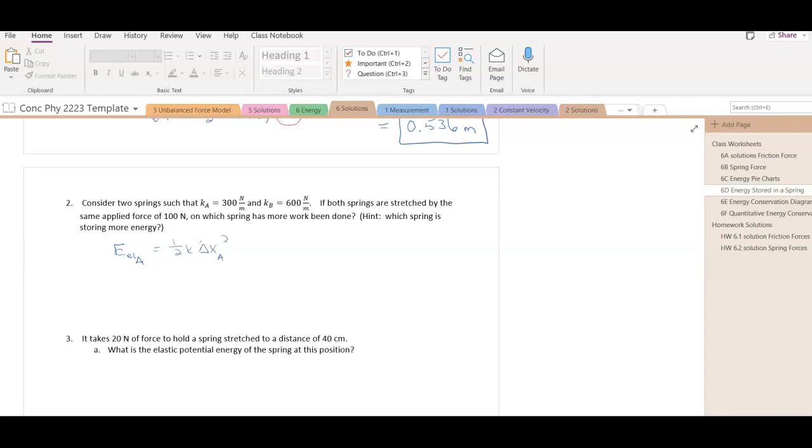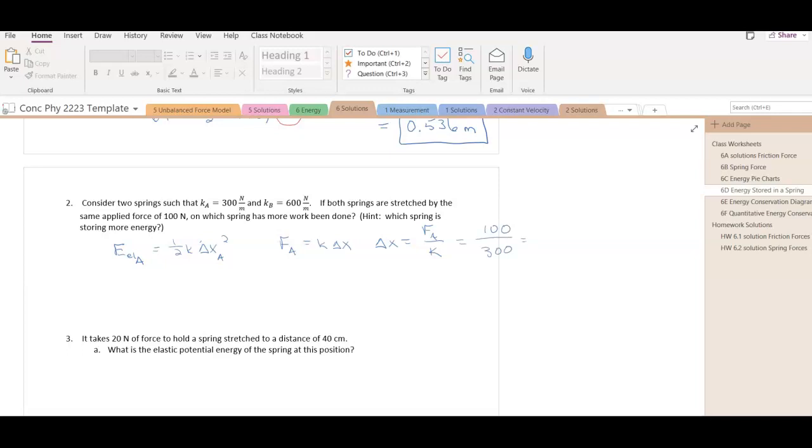Can I find the delta X of A? I can, because I know that the applied force equals K delta X, which tells me that the delta X is the applied force divided by the K, right? So for spring A, that would be 100 newtons divided by 300.